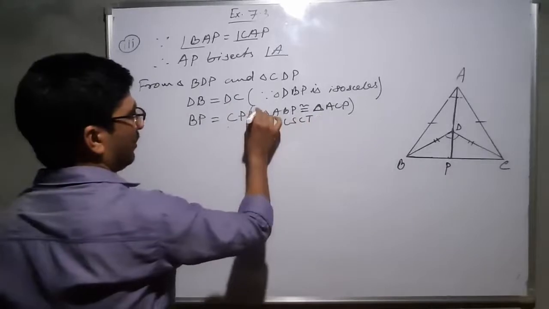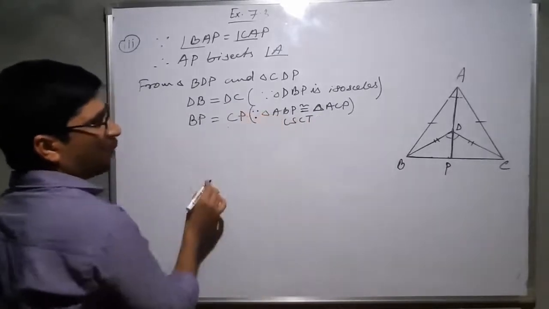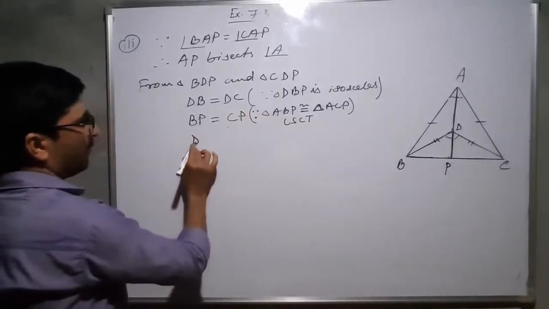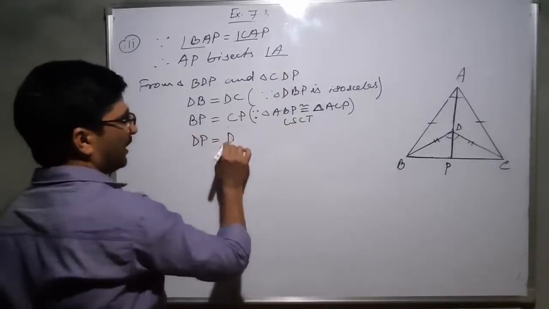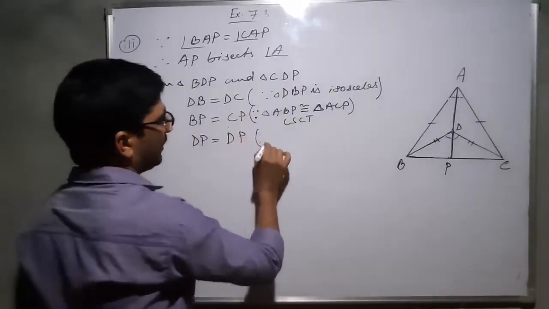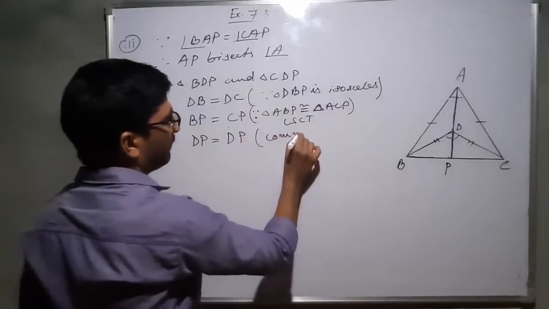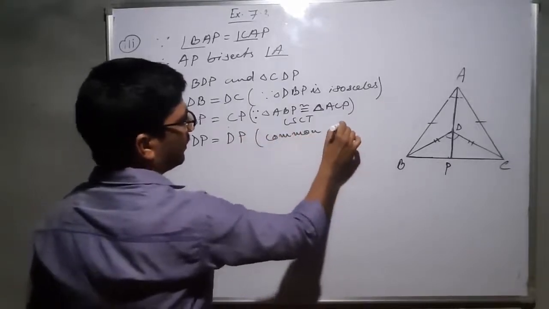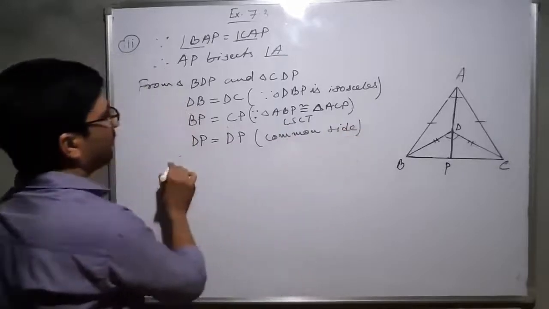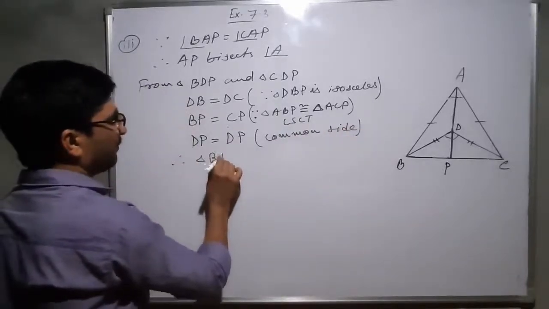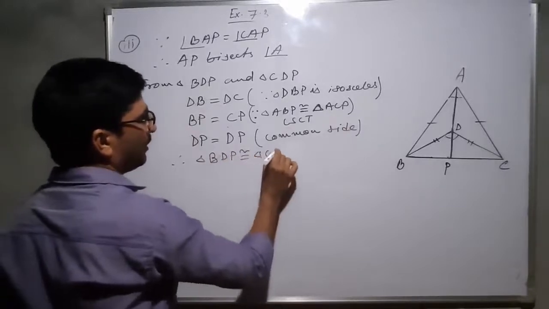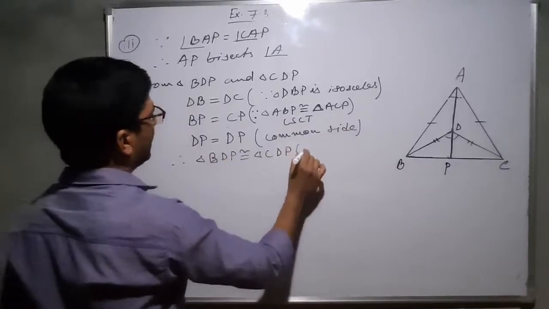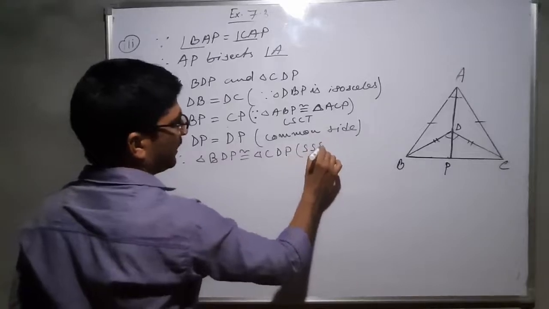CSCT is written. Now one more is remaining, that everyone can understand, that is DP is equal to DP, that is one common side. Therefore triangle BDP is congruent to triangle CDP according to side.